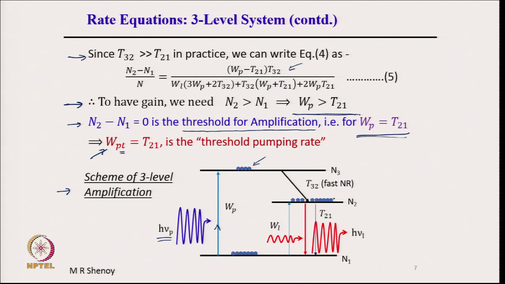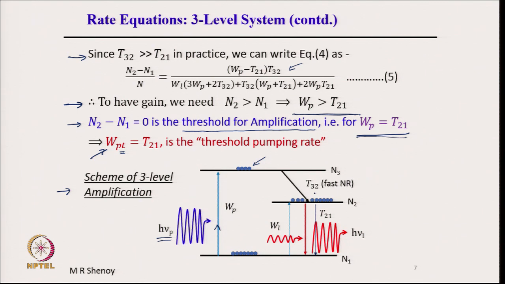T21 is small means the lifetime is larger. Lifetime is larger means the average time taken by atoms to make a downward transition, or to get de-excited, is large, and therefore we have accumulation taking place here.